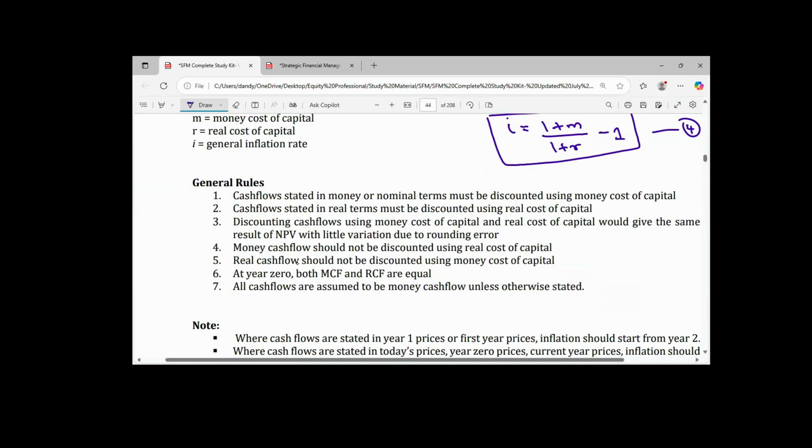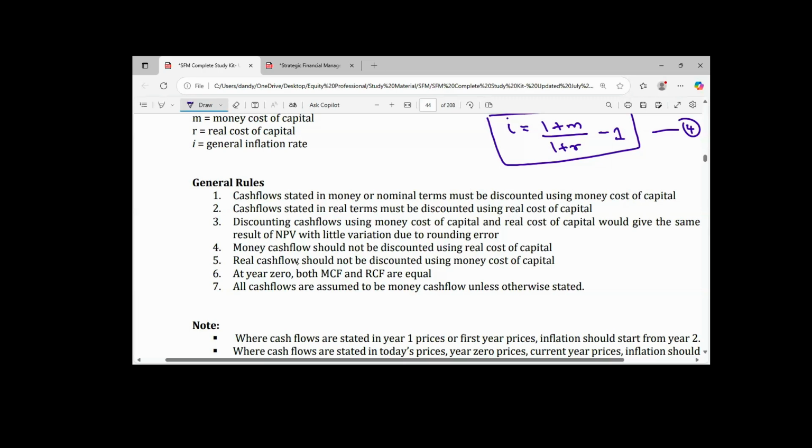And then rule number 2, real cash flow should be used for real cost of capital. Rule number 3, money cost of capital should not be used for real cash flow. Then rule number 4, real cost of capital should not be used for money cash flow.